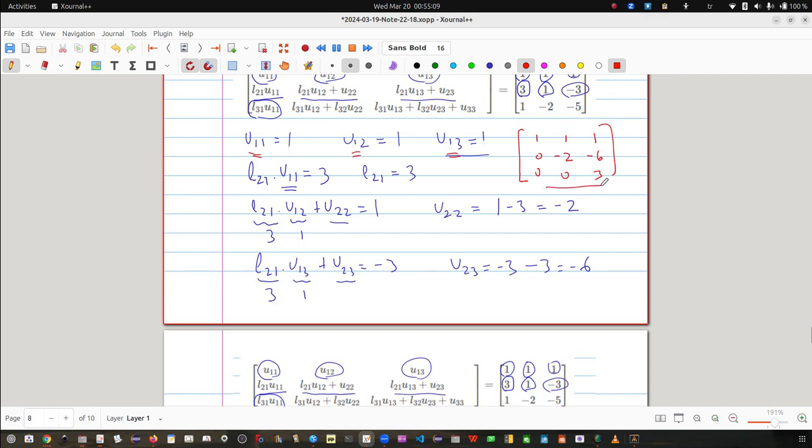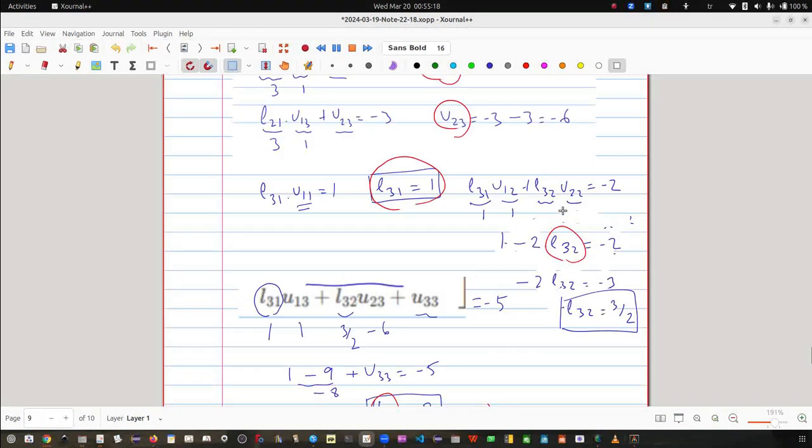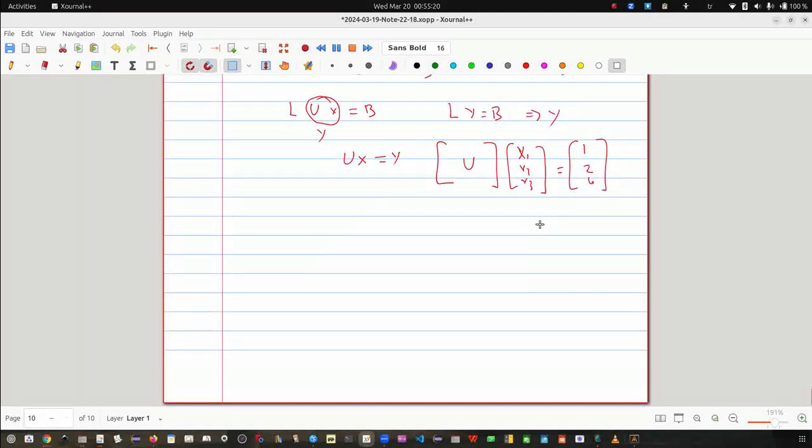This was our upper matrix. And I will copy this, bring it here, and this is our upper matrix.